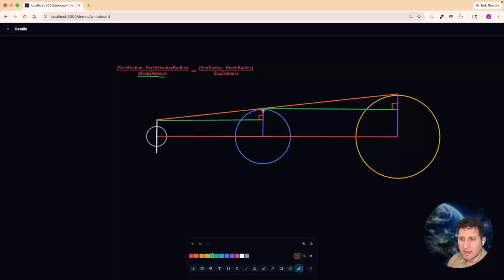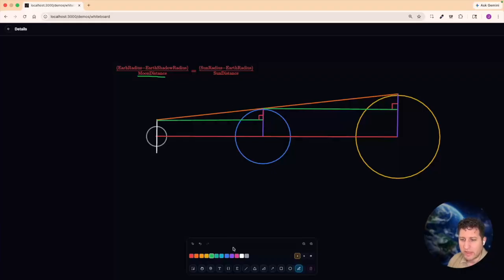Now, the pink line, we don't know exactly what that is, but we can represent it as the difference between the radius of the Earth less the radius of the shadow of the Earth, right? You can see how this entire line here is the Earth's radius. If you subtract from it the radius of the Earth's shadow, then you're left with this pink line here.